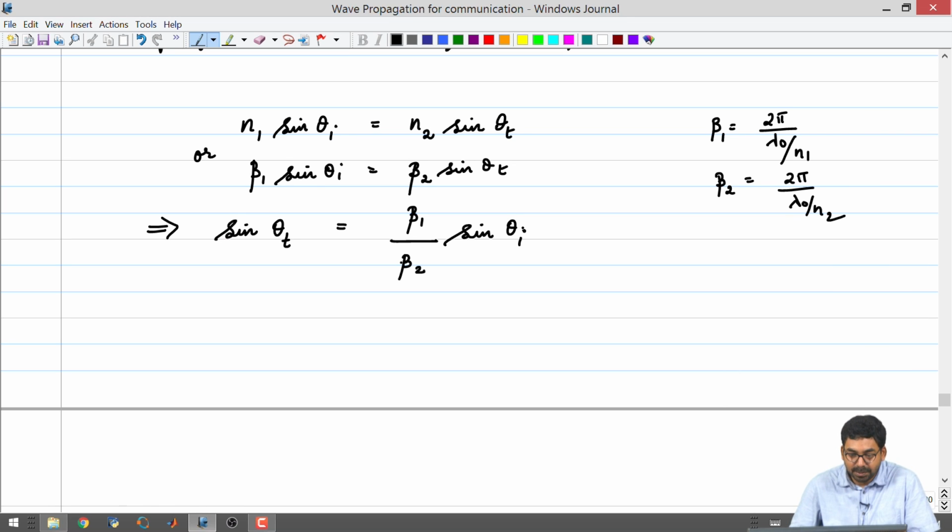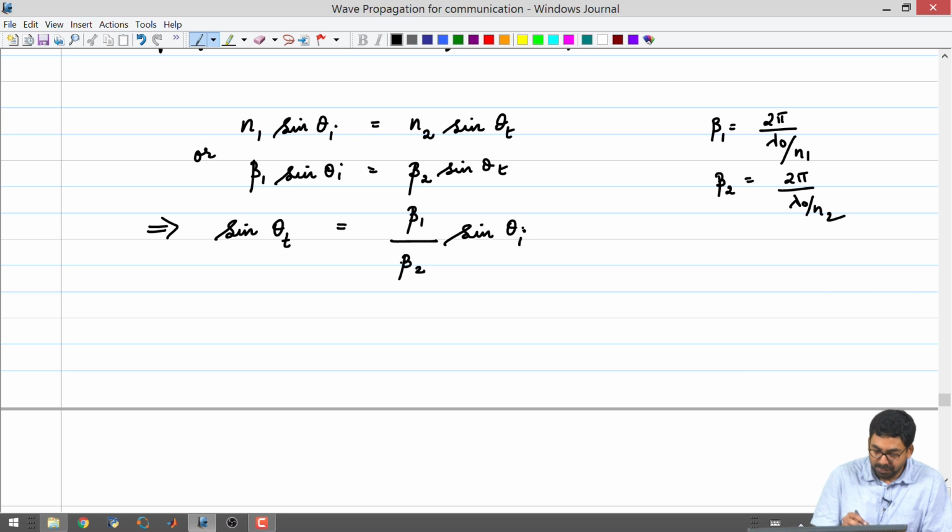So, sin theta t is beta 1 by beta 2 sin theta I, okay. Now, is it possible for theta t to be equal to pi by 2, or is it possible for sin theta t to be greater than 1, consequently cos theta t to become imaginary, alright. So, we have to see that particular condition, alright.